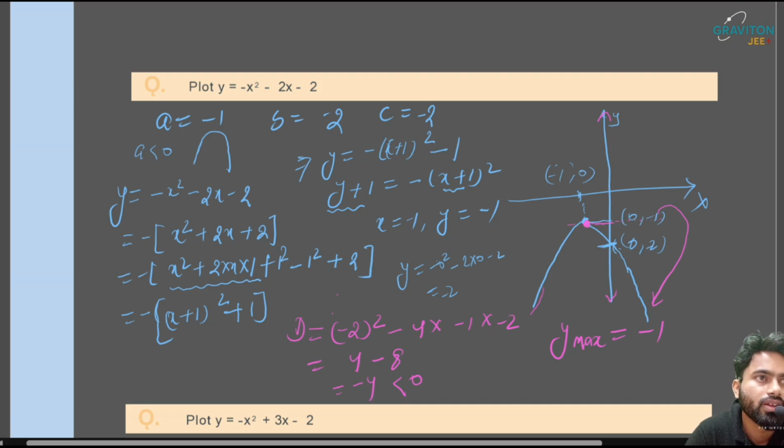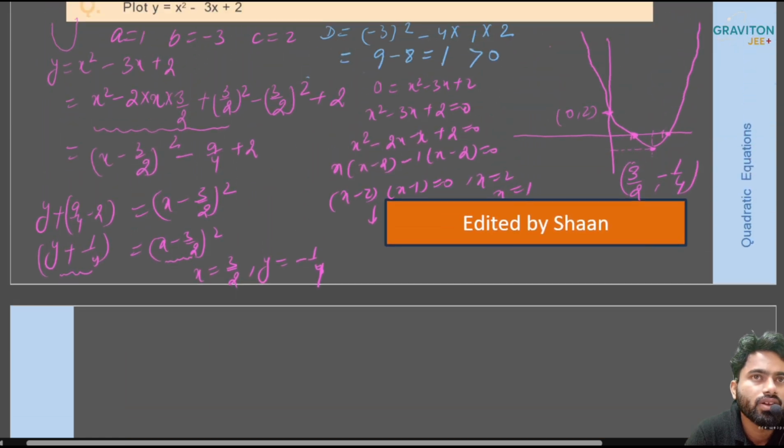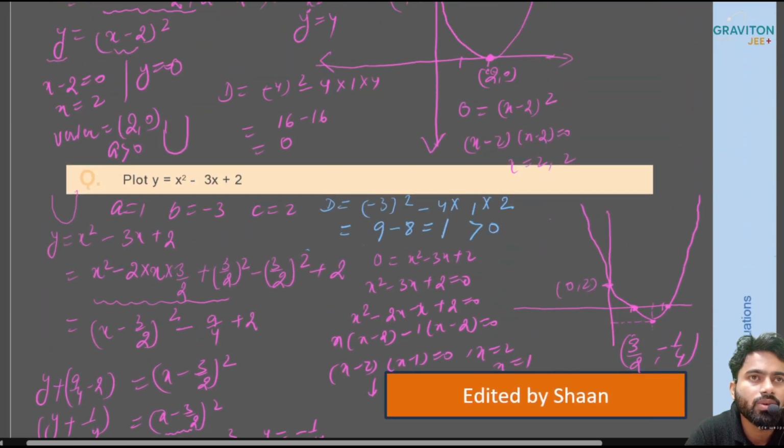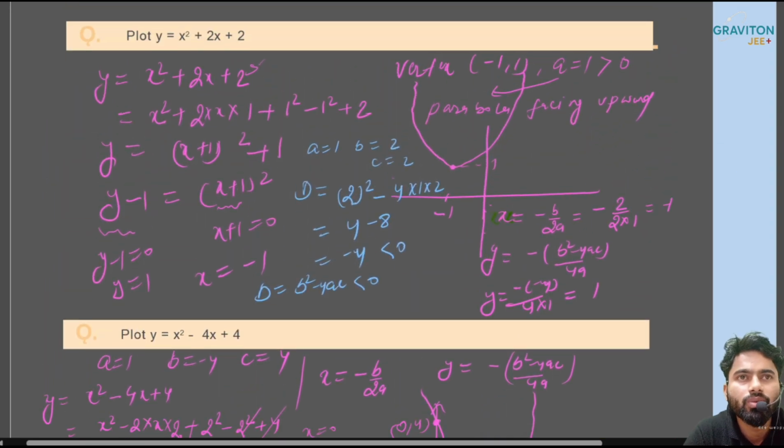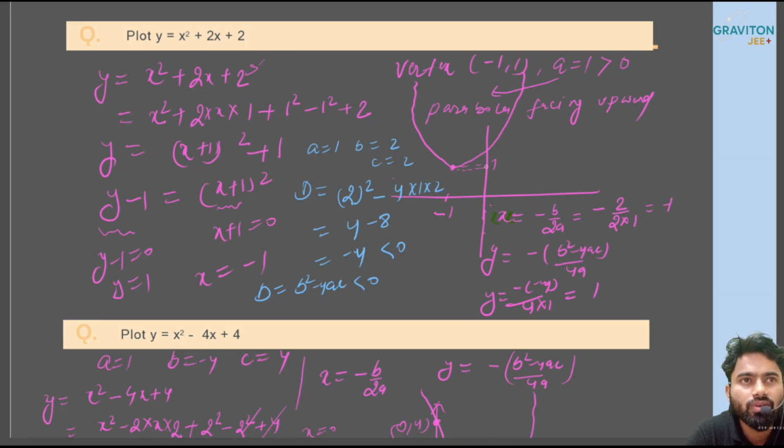Okay. So if I ask you in this type of question, what is the maximum and what is the minimum? Basically here look at x square plus 2x plus 2. Here is the vertex of the parabola and it's facing upward. If I ask you what is the maximum value of this parabola, this is going upward, so it will reach plus infinity.